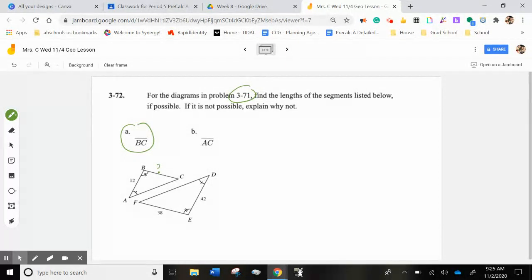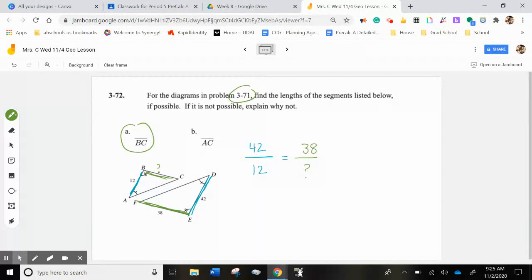So notice that AB, in between the 1 and 2 tick mark, is corresponding to 42. So 42 and 12 are corresponding sides, which means that the question mark, so BC, from the 2 tick mark to the empty, is equal to that 38.